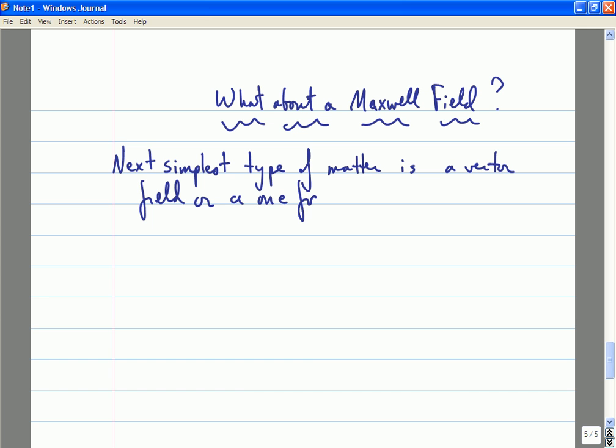And in fact, you've spent a large portion of your physics career studying a field theory whose degrees of freedom are described by a one form. That theory that you were studying was electromagnetism.